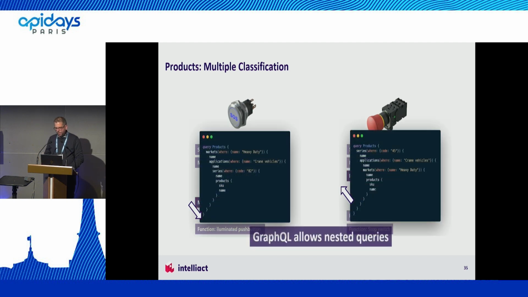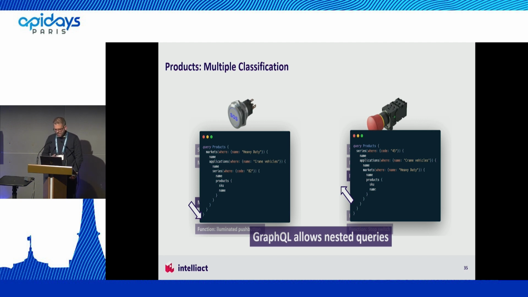And when we now build content pages that will show some of the products, we can use this structure from market to application to function and series to query the products within that data model. So on the left side, it's a product where we call from the heavy duty market that fits a crane vehicle with the series 82.